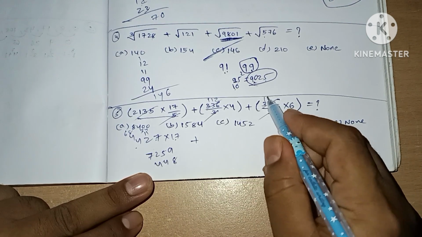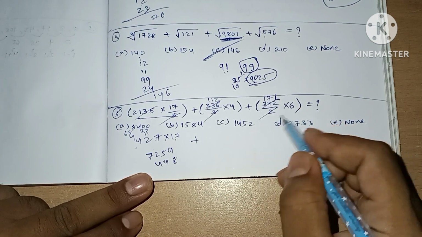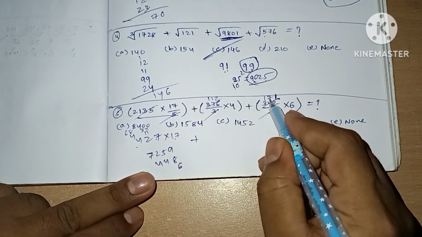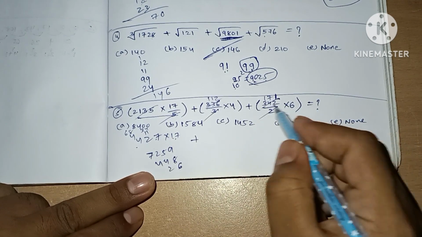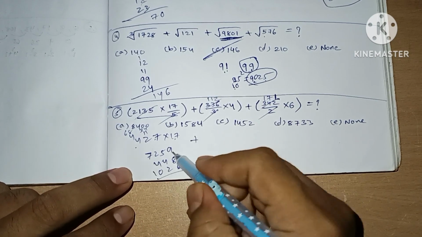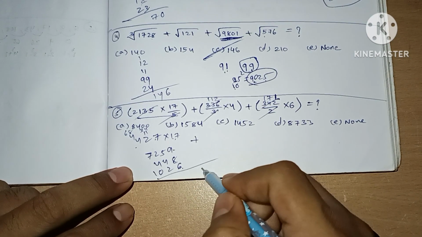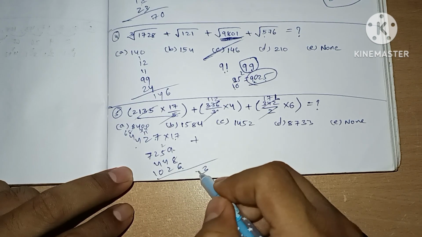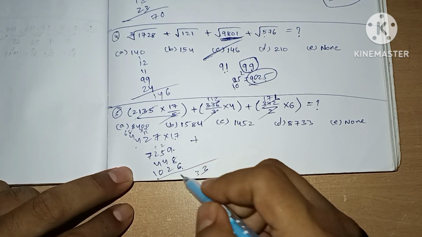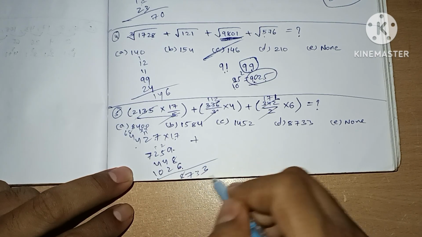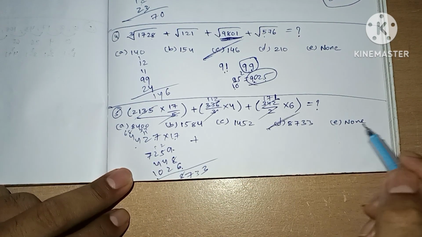Here 2 1 7 1 times. So we have 6 1 times 6, 6 7 times 42, 6 1 times 6 and 4 plus, so 1024. So totally we have 17 plus 6 23, 9 plus 4 13, 6 7 8. So 8733 is our answer, option D.